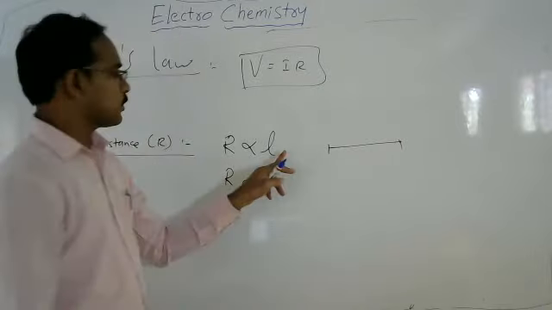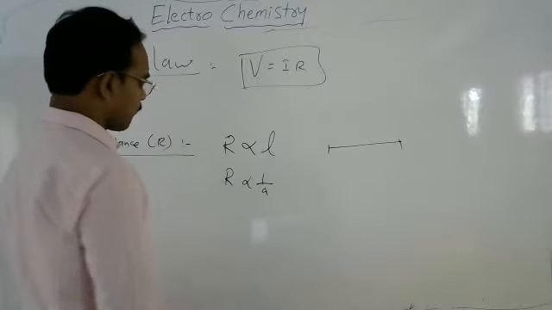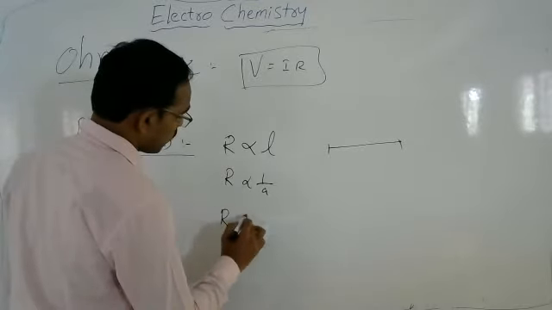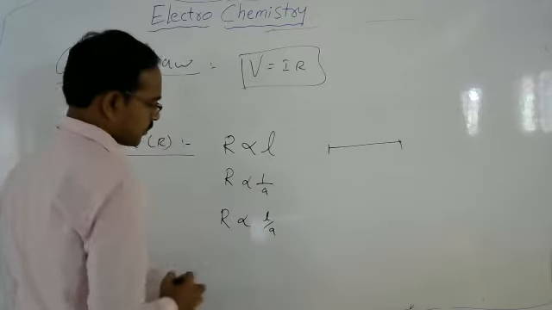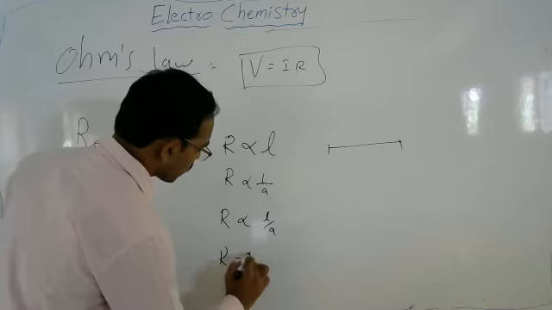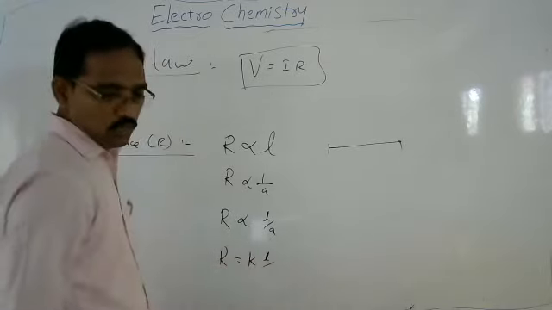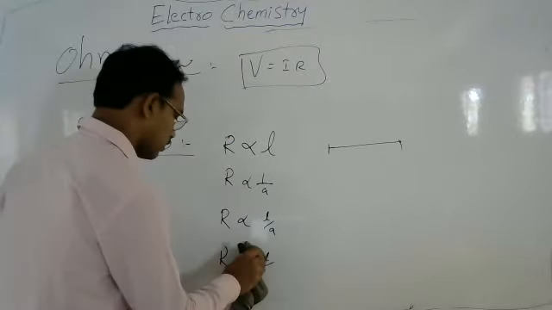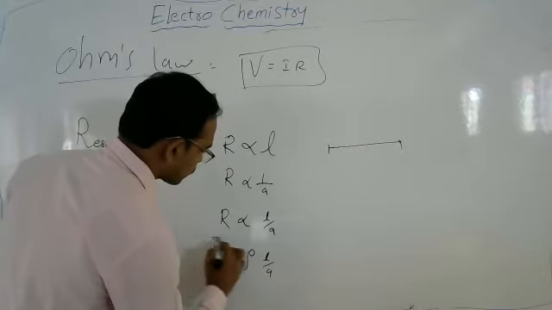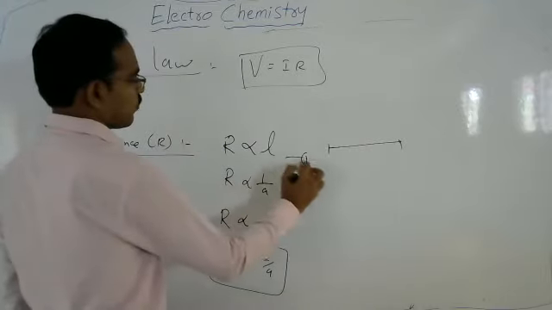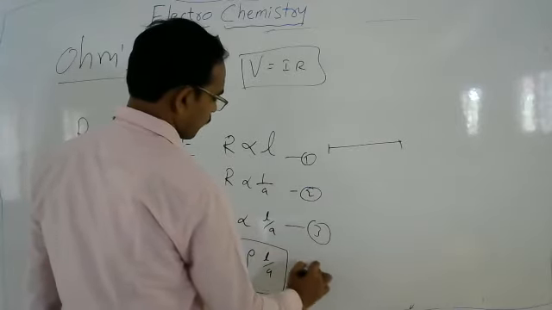So R directly proportional to L, R inversely proportional to A. I can write R proportional to L by A. Here R equal to rho L by A.